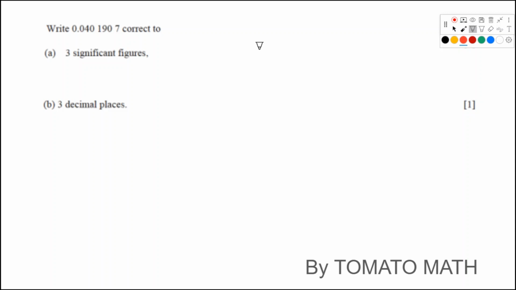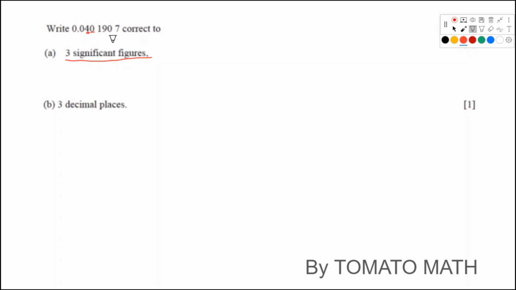Next one, write 0.0401907 correct to three significant figures. So three significant figures, remember we have 0, so we will not count it as a significant figure. So the first non-zero number is 4. And the second one, although it's 0, we will still count it as a significant figure because it's after a non-zero number.